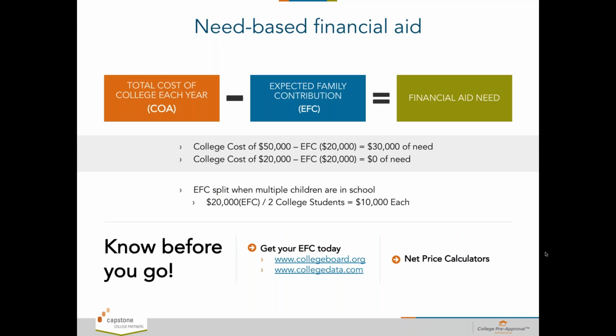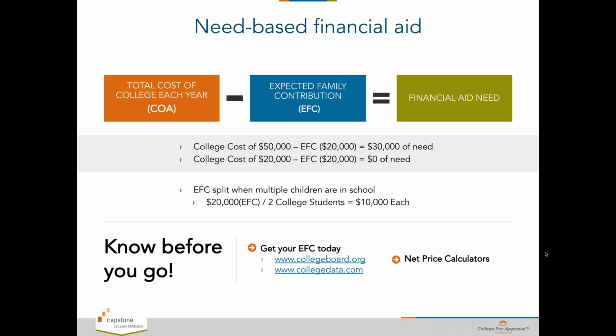So to tee things up, I think it's important to understand need-based financial aid, the basics of the formula, which many of us on the call probably understand. The basics are, you look at the cost of attendance at the school, that's the all-in cost: room, board, books, fees, the whole cost of attending that school. And then these formulas and forms that we're going to go through today determine your expected family contribution.